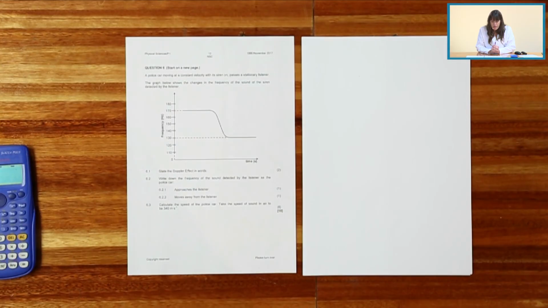6.2 says write down the frequency of the sound detected by the listener as the police car approaches the listener. So if it's approaching, it's moving towards, and so therefore we should be hearing a higher frequency. And then 6.2.2, it's as it moves away from the listener. When it's moving away, we should hear a lower frequency.